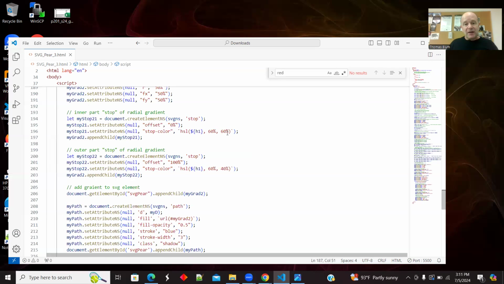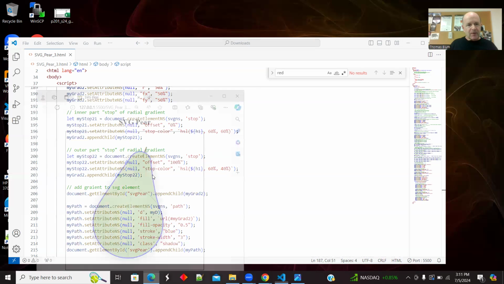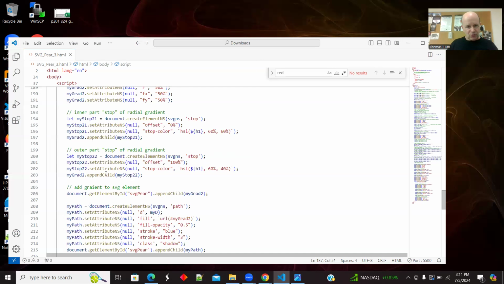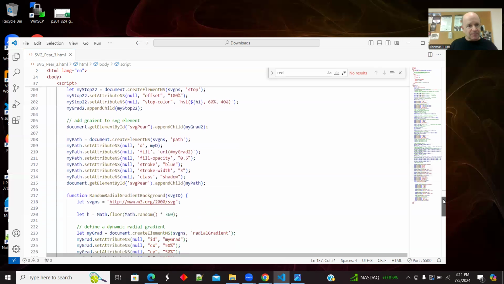And I'm just using the HSL color model and making the second stop darker. So I'm going to have a radius where it's darker on the outside. So my pear is a little bit lighter in the middle and darker around the edges due to that radial gradient.